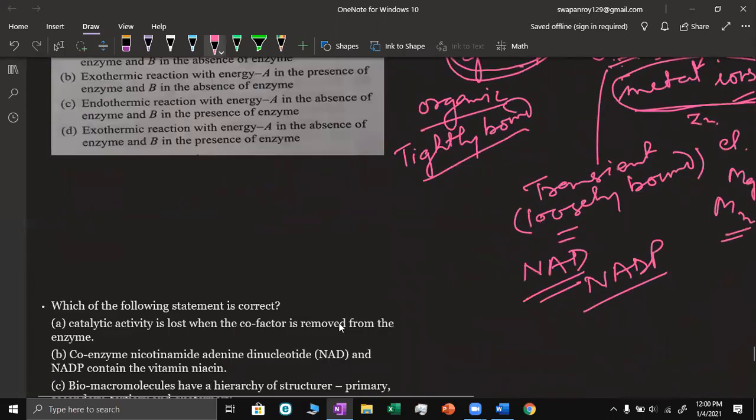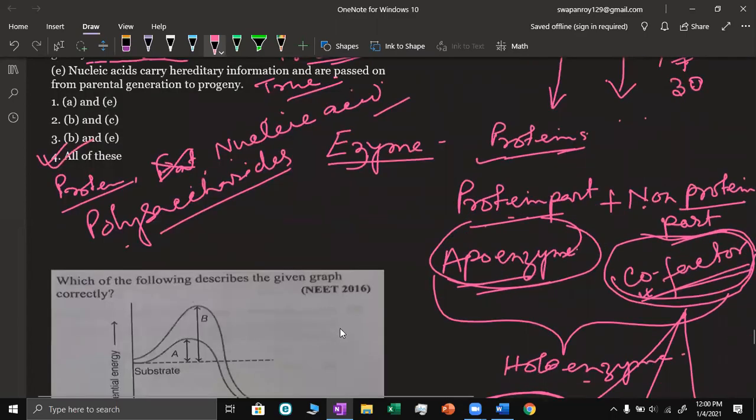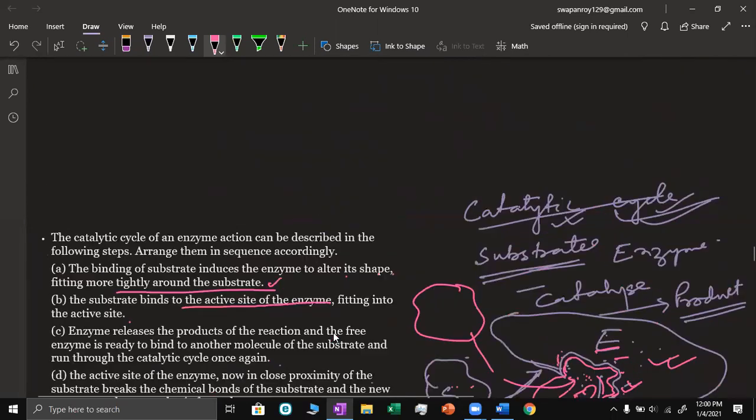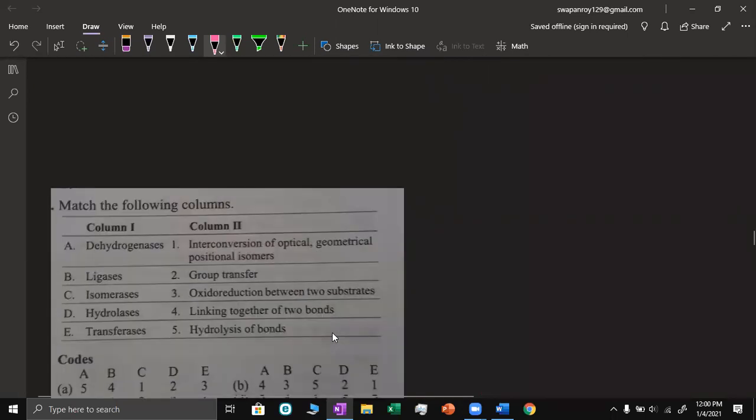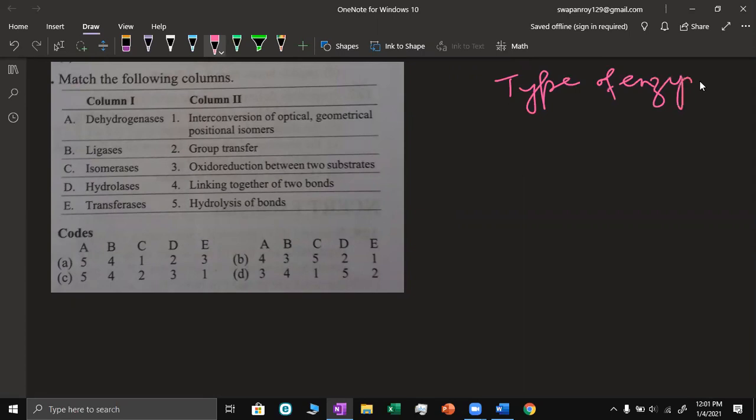Next question we will do. Let us see one question from matching. This is based on the types of enzymes.